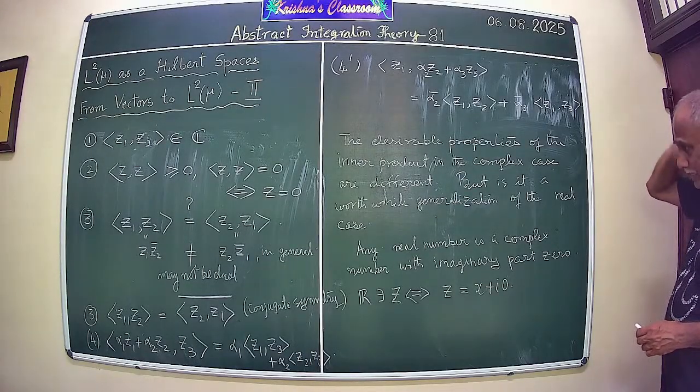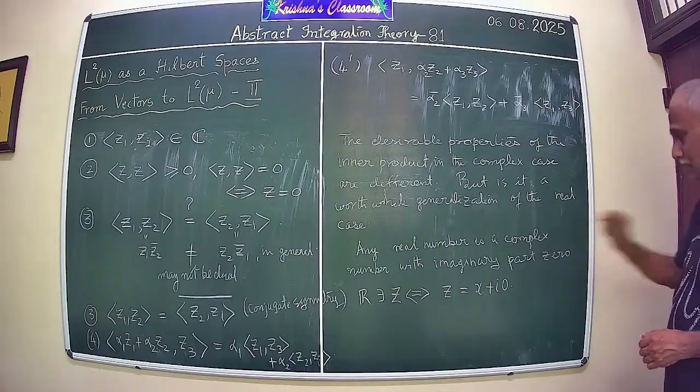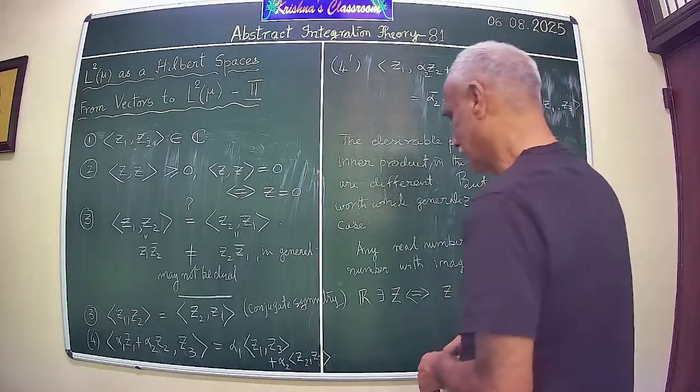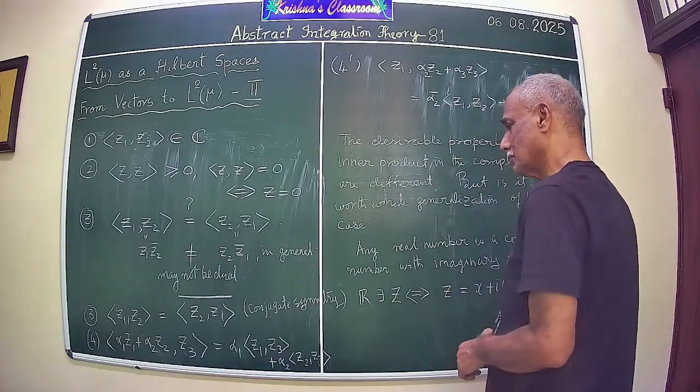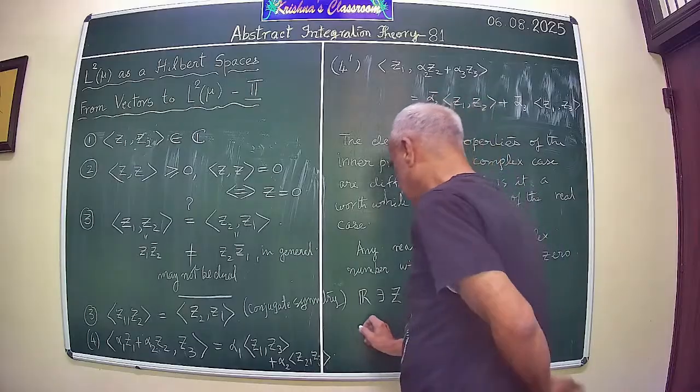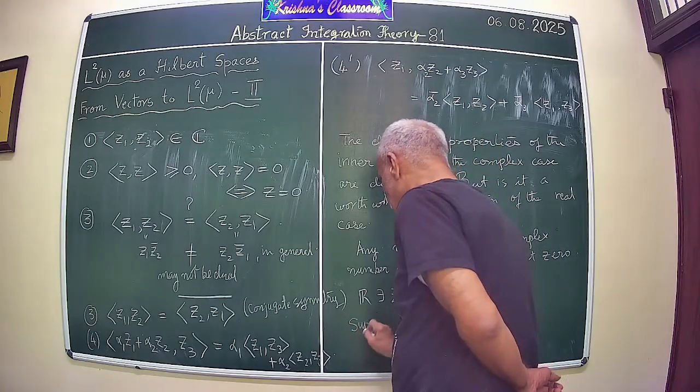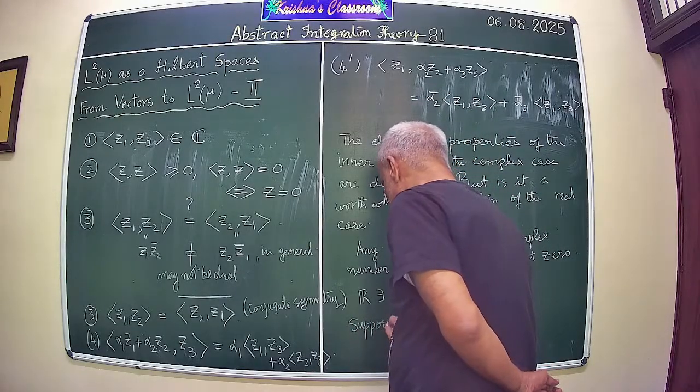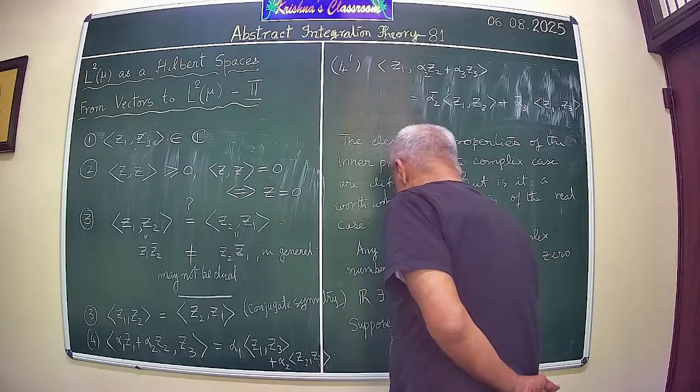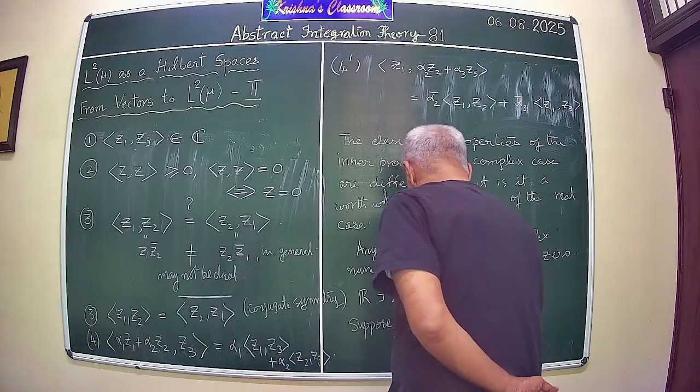Now you see that with this identification, suppose Z1 and Z2 are real.